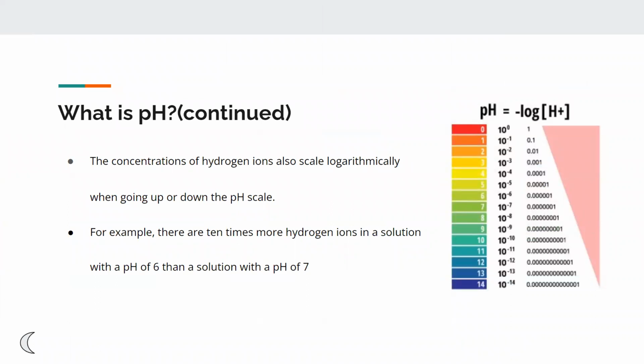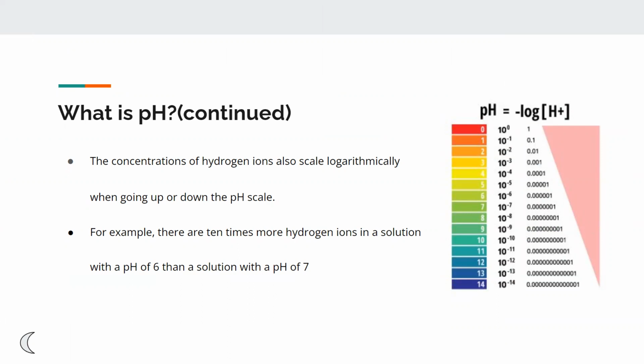So to keep continuing on, the concentration of hydrogen ions actually scales logarithmically when going up or down the pH scale. For example, there are 10 times more hydrogen ions in a solution with a pH of 6 than a solution with a pH of 7.